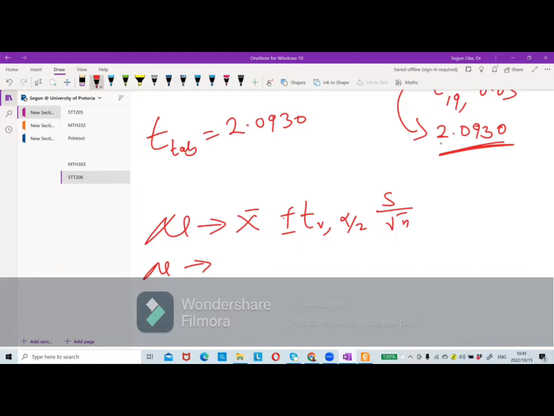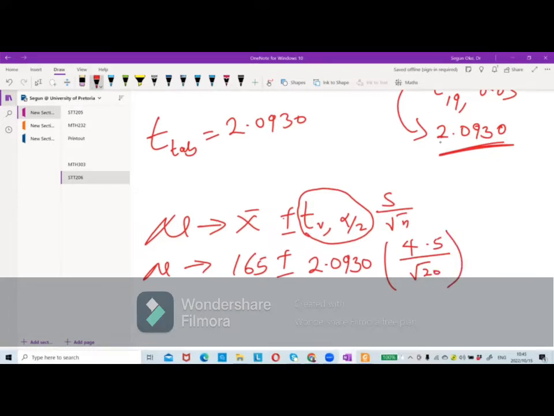Our X bar is 165. 165 plus or minus. What is T? 2.093. Remember, everything here is already checked. Now, what is standard deviation? 4.5.